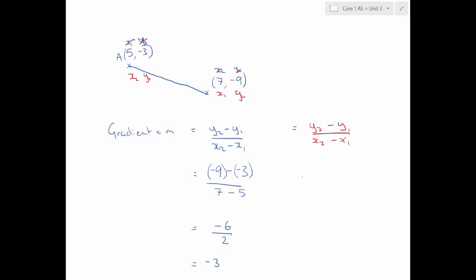Y2, in this case, is minus 3, y1 is minus 9, and on the bottom we've got x2, which is 5, minus 7. So what does that give us? That's minus 3 plus 9 over minus 2, which gives us 6 over minus 2, which simplifies down to minus 3.